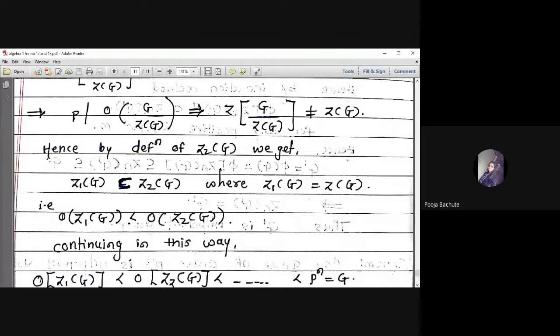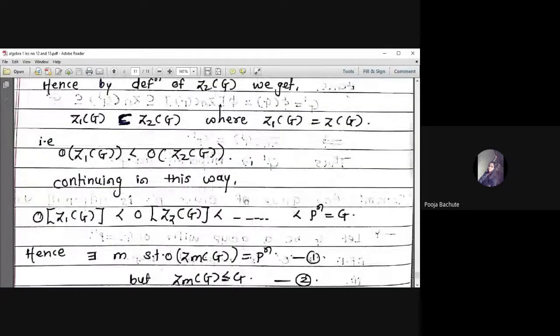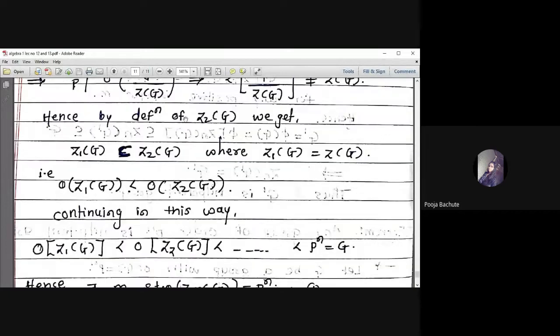Z1 of G is always contained in Z2 of G, contained up to Zm, and so on, where Zm of G is equal to G. Here, by the definition of Z2 of G, we get Z1 of G is always contained in Z2 of G. Hence the order of Z1 of G is less than the order of Z2 of G.